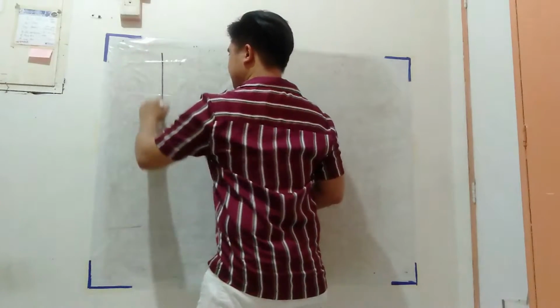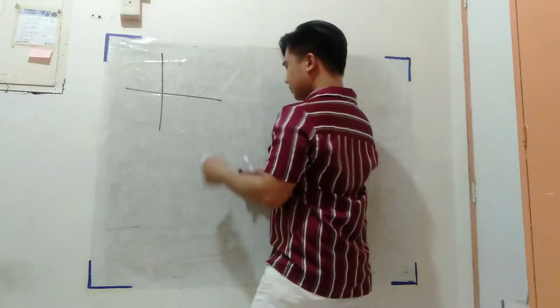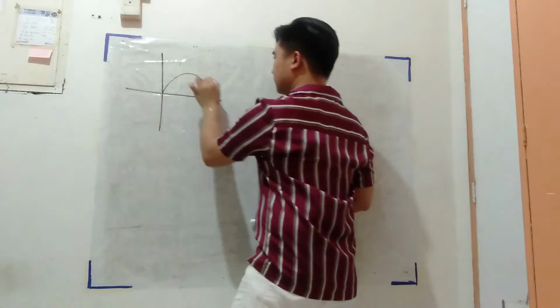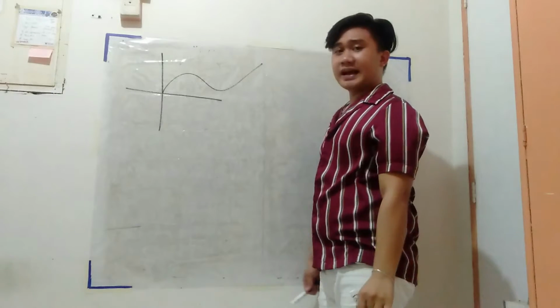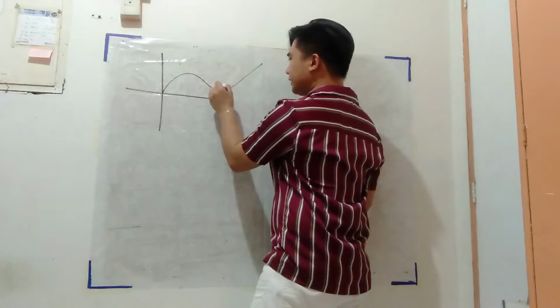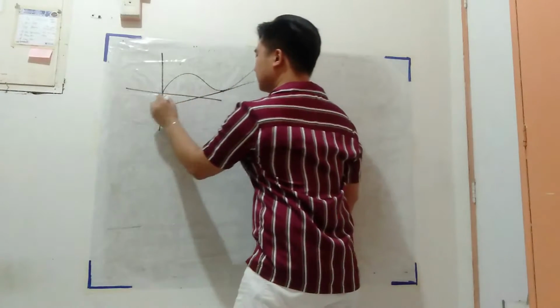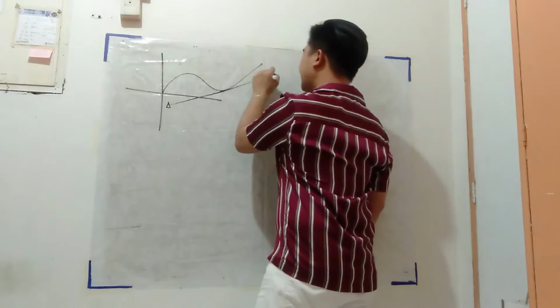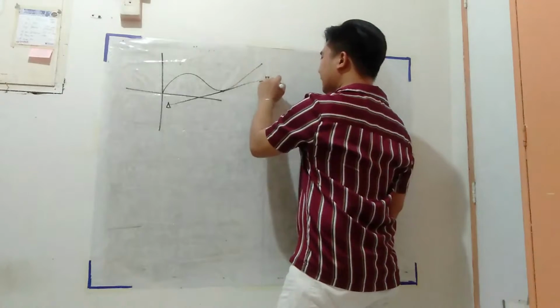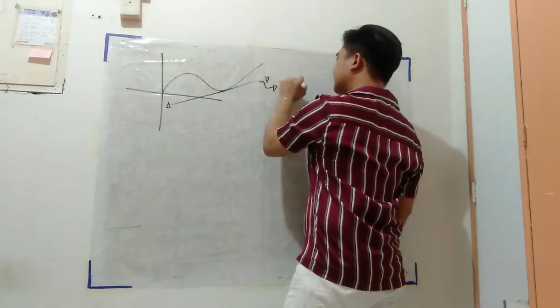Okay? So for example, ito yung curve natin. Pag naglagay ako dito ng point, at nagdrawing ako dito ng line, okay? Itong line na ito ay tinatawag kong tangent line.